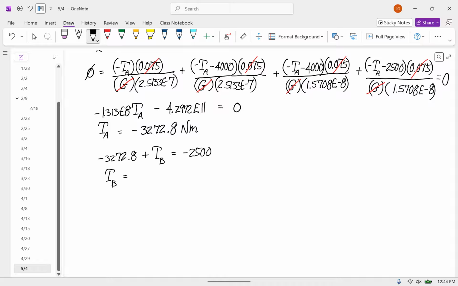So TB is equal to positive 772.8 Newton meters.